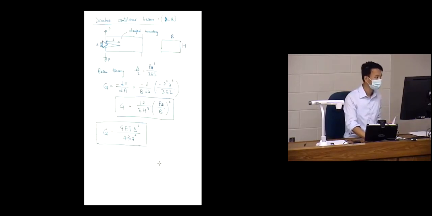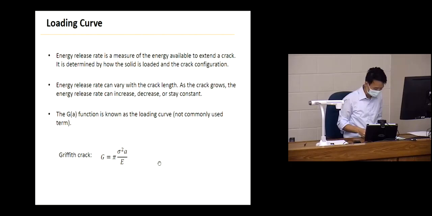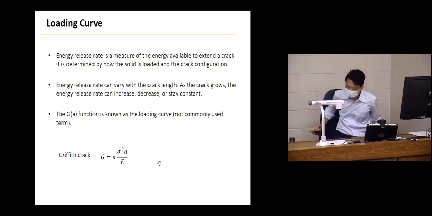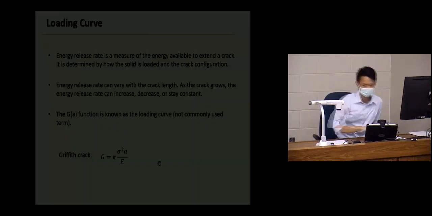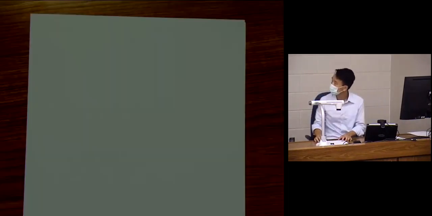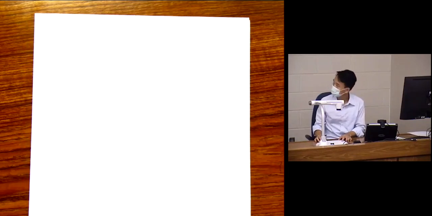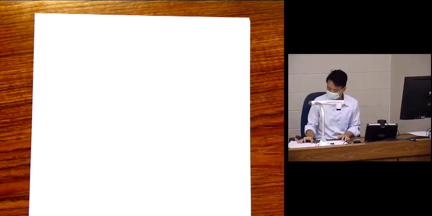So before we go to the resistance curve, let me show you a different example, where by changing the loading, we can change G. This is a good example to illustrate the concept.